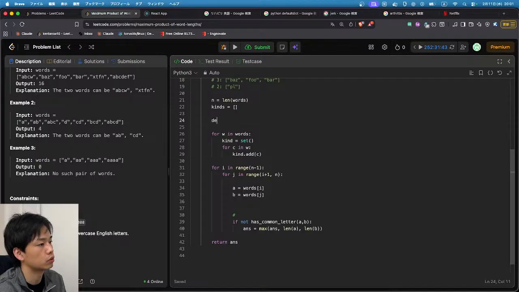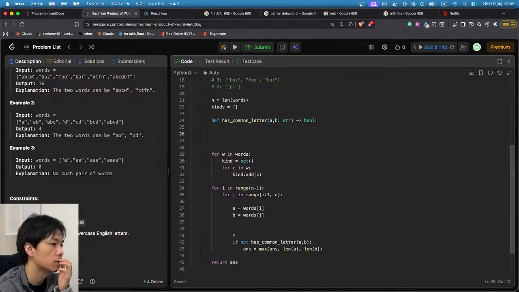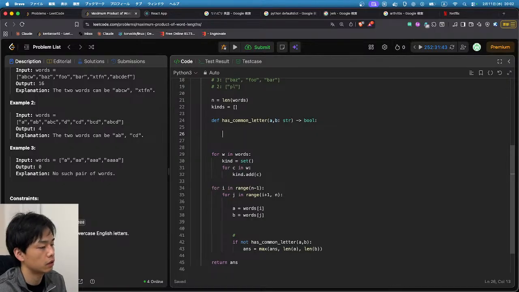So this function takes A and B and it can use kinds.